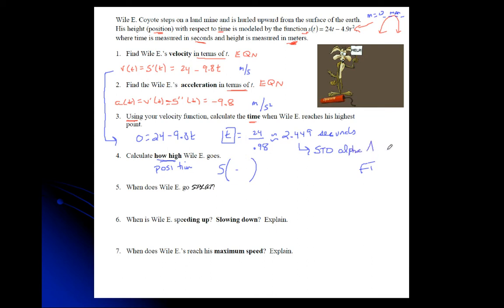I store it in alpha A, and then I put A here. AP expects you to maintain accuracy with your calculator when you can. So I did this and I got 29.388. This is a position, so my position units are meters.